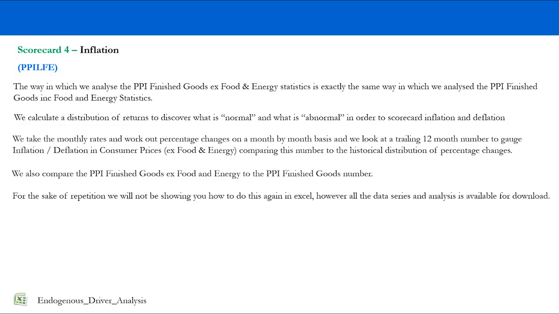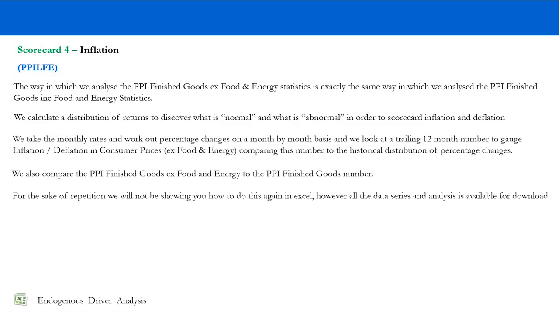So we basically take the monthly rates and work out percentage changes on a month-by-month basis. And we look at a trailing 12-month number to gauge inflation or deflation in consumer prices ex food and energy, and compare this number to the historical distribution of percentage changes and to what is normal and abnormal.